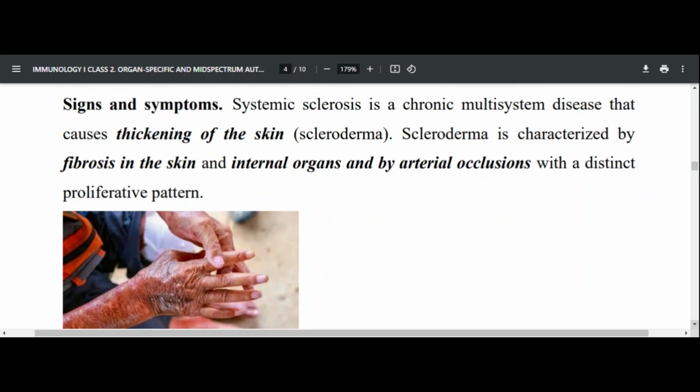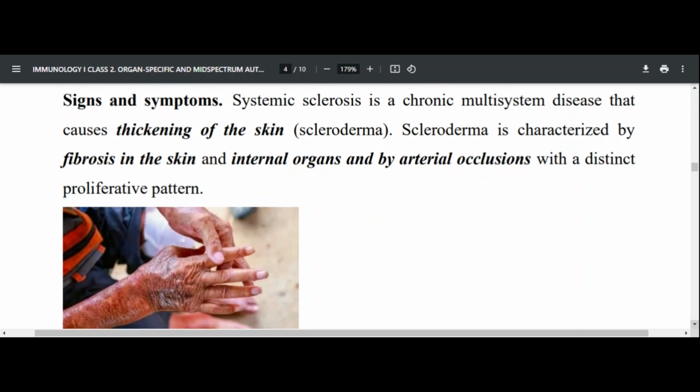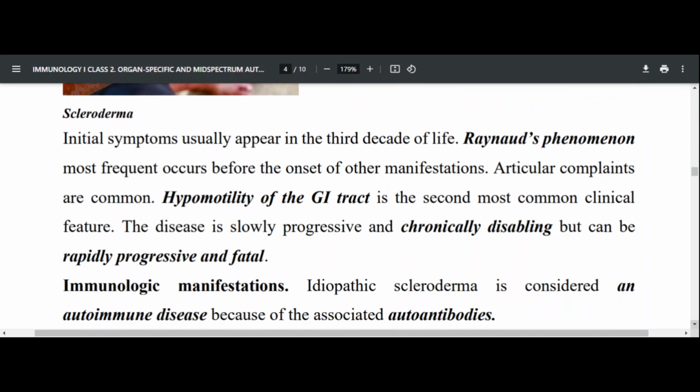As you can see, most internal organs are affected, but the disease starts from the skin, and the skin becomes fibrotic, which progresses even to internal organs and blood vessel occlusions. These are the effects of PSS as an autoimmune disease.